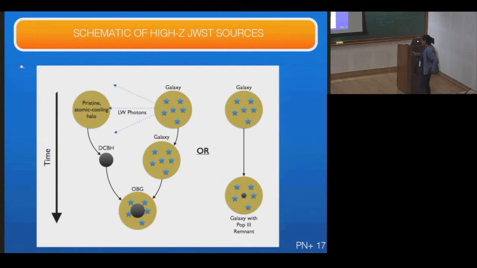And this is just a nicer way to show this cartoon. So you have this pristine halo, Lyman-alpha photons, you form the DCBH. We call this object an obese black hole galaxy, where the black hole is overmassive compared to the stars. Kind of a slightly unimaginative name, but whatever. And then you have this galaxy with a POP3 remnant. So these objects will exist.